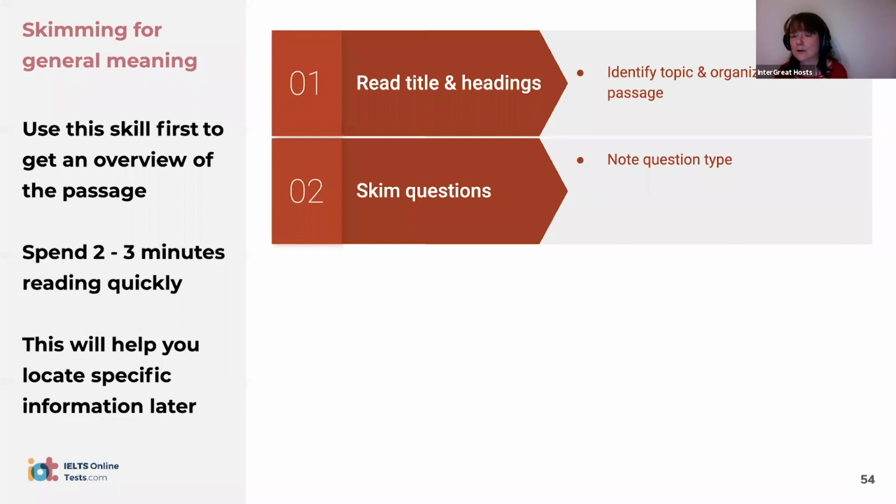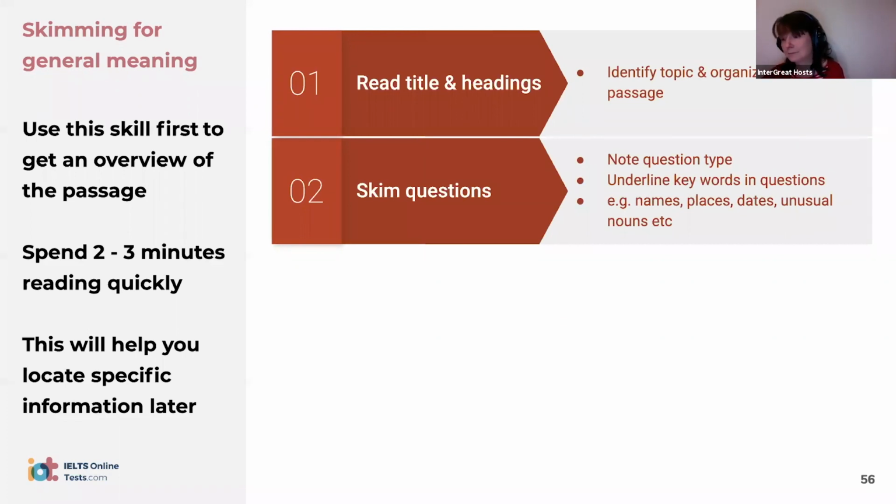Then it's also a good idea to just look through the question types before you do the exercise. So you go to the questions first and you read through the questions very quickly.